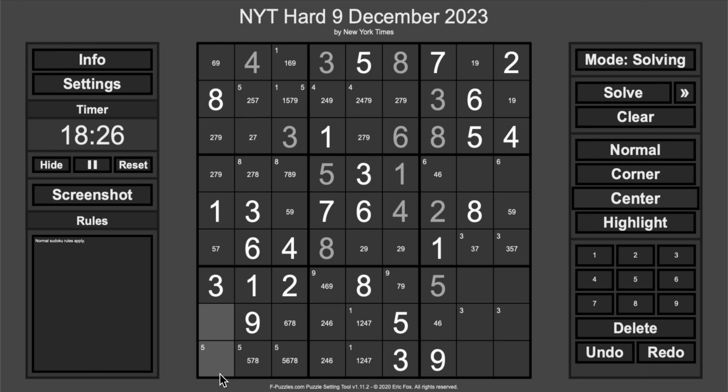These cells are not 1, 2, 3, 8, or 9. So they are from 4, well, 5, 6, 7. Okay. These aren't 5.